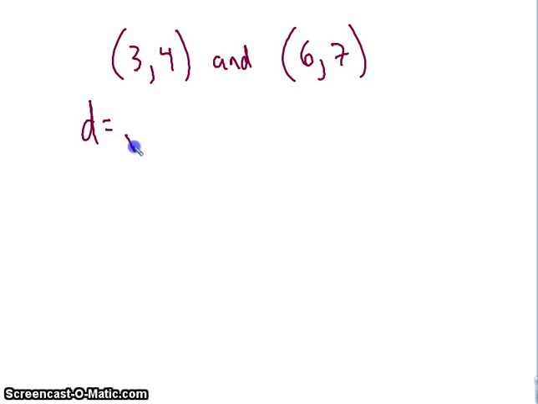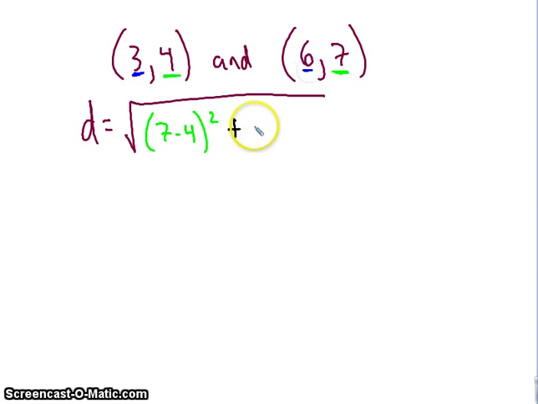D is equal to the square root of, now we're going to take the x values, let's put them in green. That's 1, that's the other one. So we're going to do 7 minus 4 squared. We add them together. We'll do the y values in blue. 6 minus 3 squared. Okay.